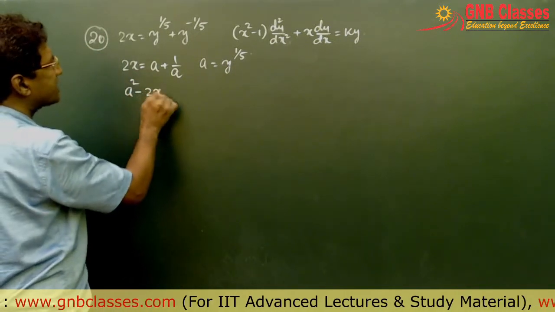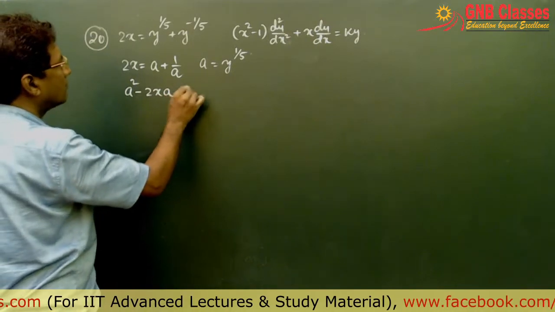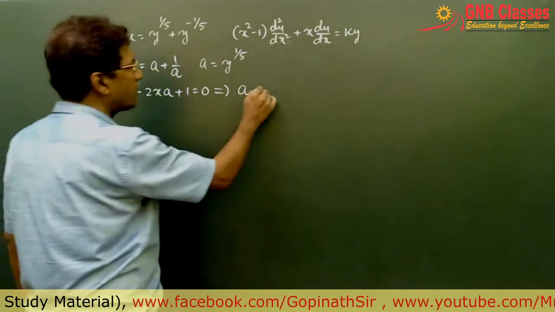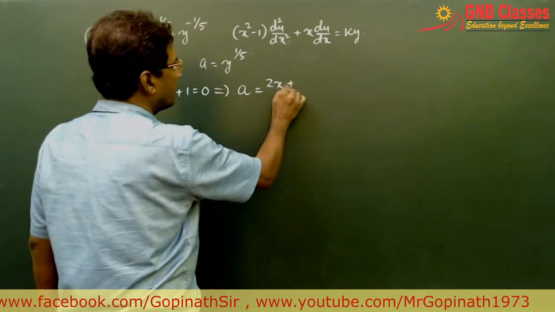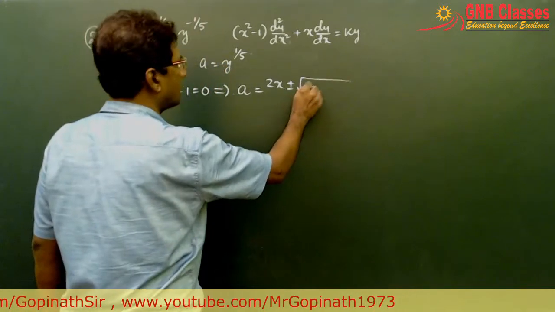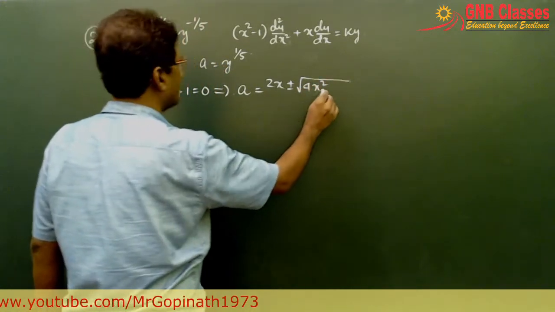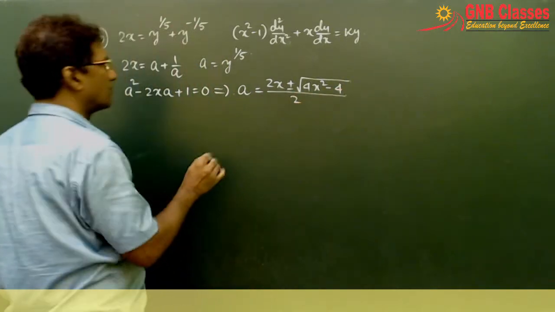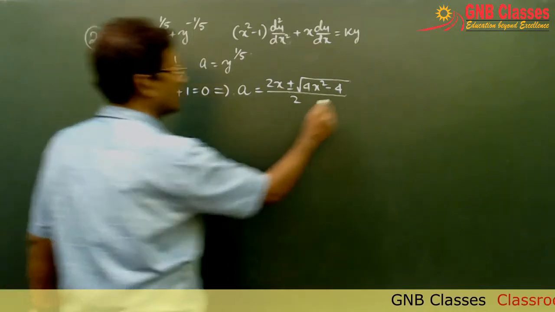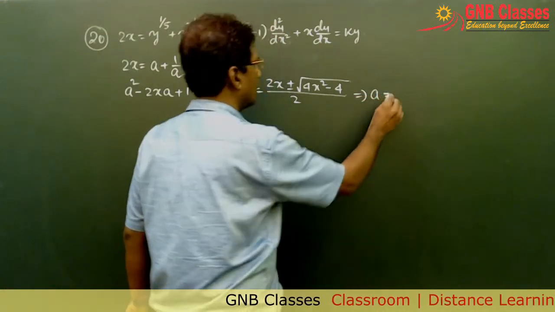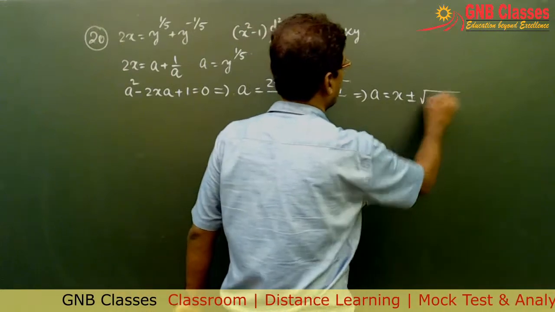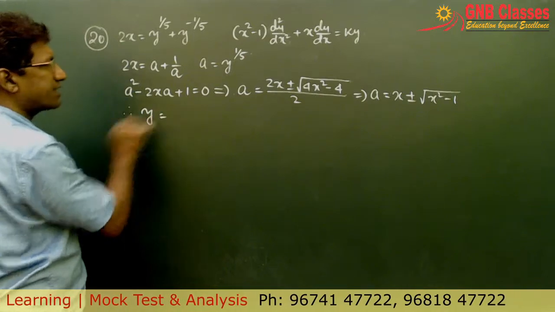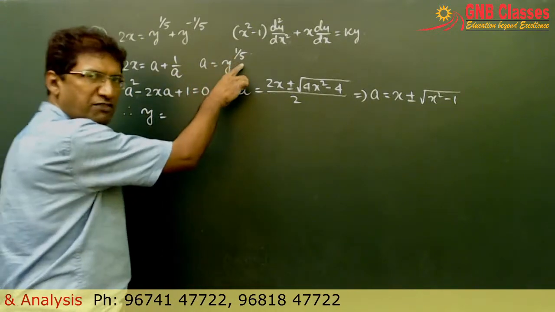a square minus 2xa plus 1 equals to 0. So that implies, if I solve it by Sridhar Acharya's method, we are going to get, therefore, your y is coming to, a is nothing but y to the power 1 by 5.